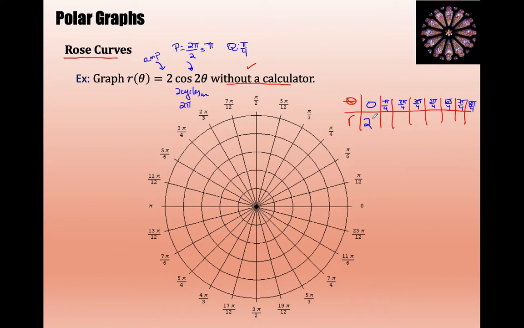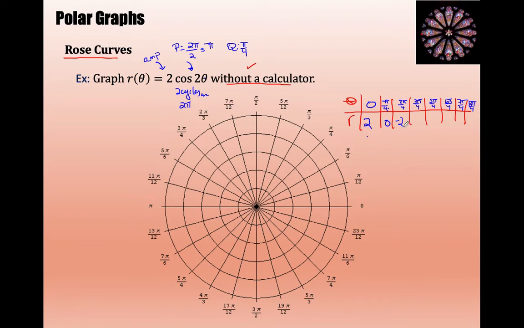Right, I already know 0 and 4, pi over 2. Cosine of 2 times pi over 4 is cosine of pi over 2, which is 0, times 2 is 0. This is pi over 4. 2 times pi over 4 is pi. And, right, cosine of pi is -1 times 2 is -2.